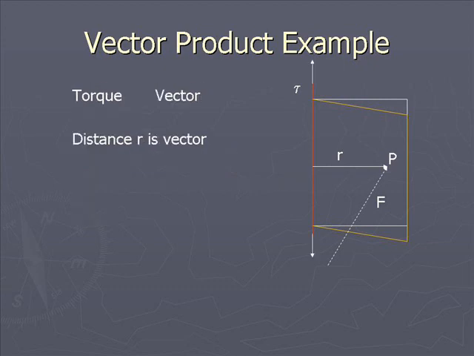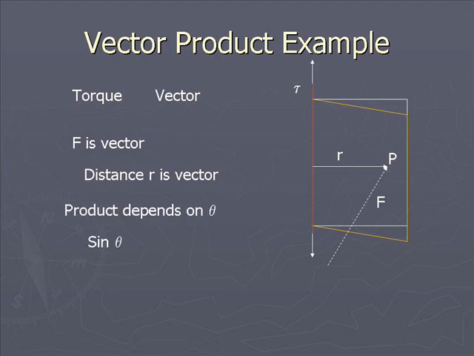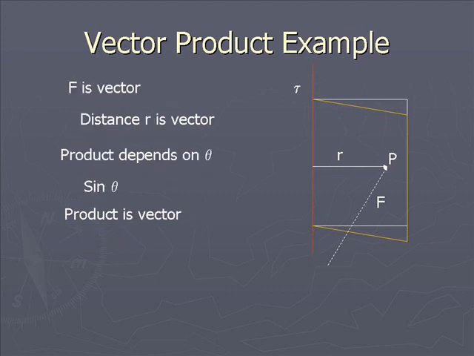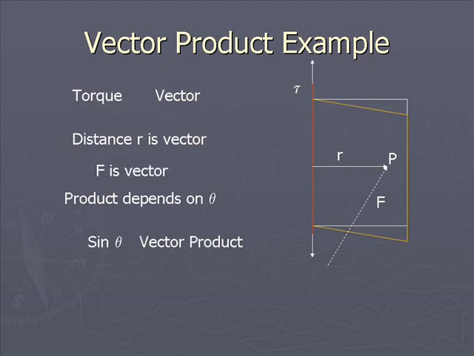R and F are vector quantities, and their product depends on sin theta. The product is also a vector quantity. Hence, it is expressed as the cross product.